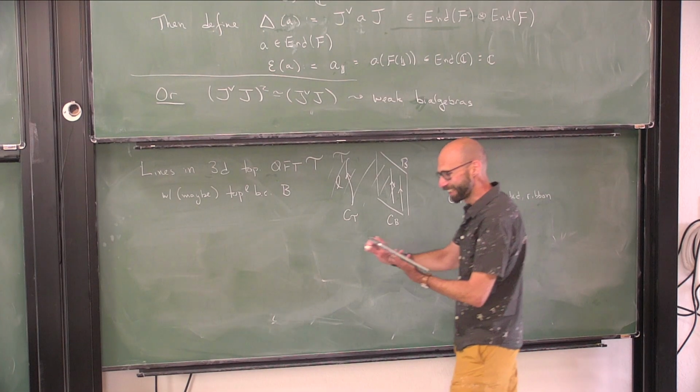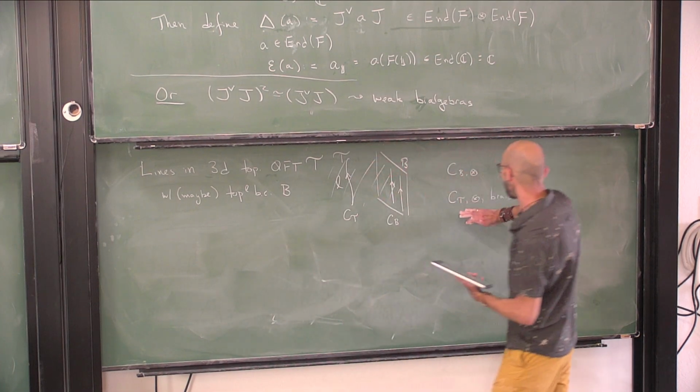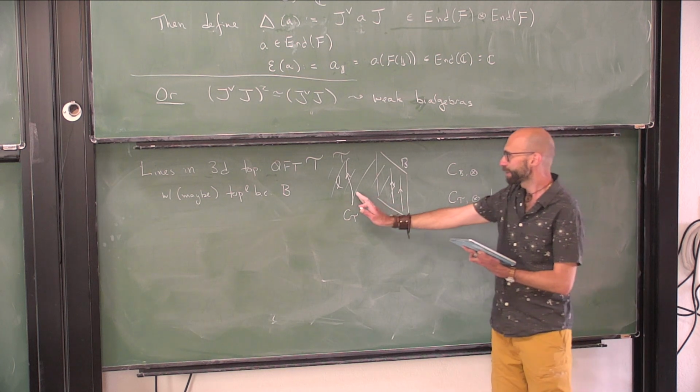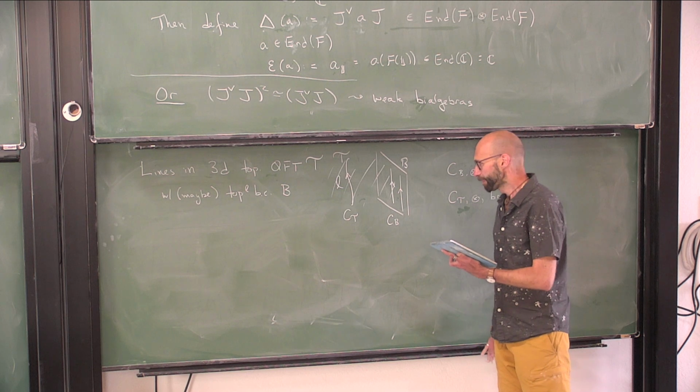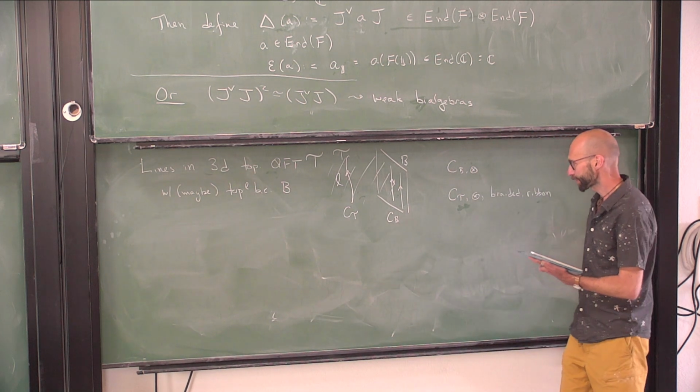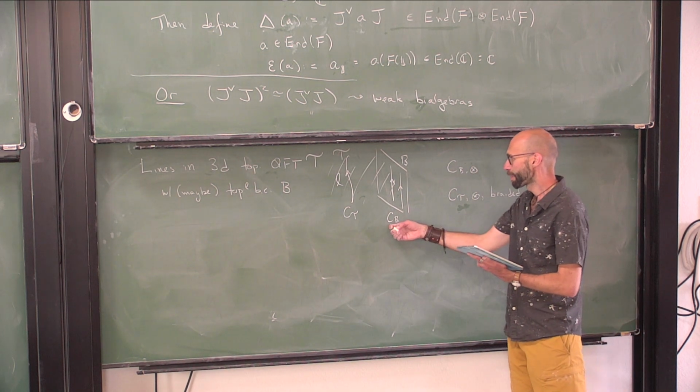Aside done. There is more structure coming from interactions between the bulk and the boundary that is sometimes called a central structure on CB.